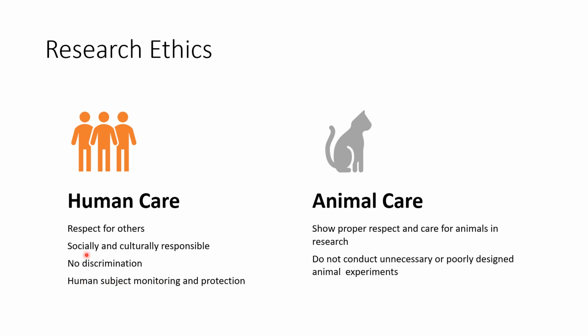Make sure that there's no discrimination between people based on color or origin or so. And you have to be socially and culturally responsible. This is very important, because we don't want to create scientists and researchers who add to our problems. We want people who care about our humanity.